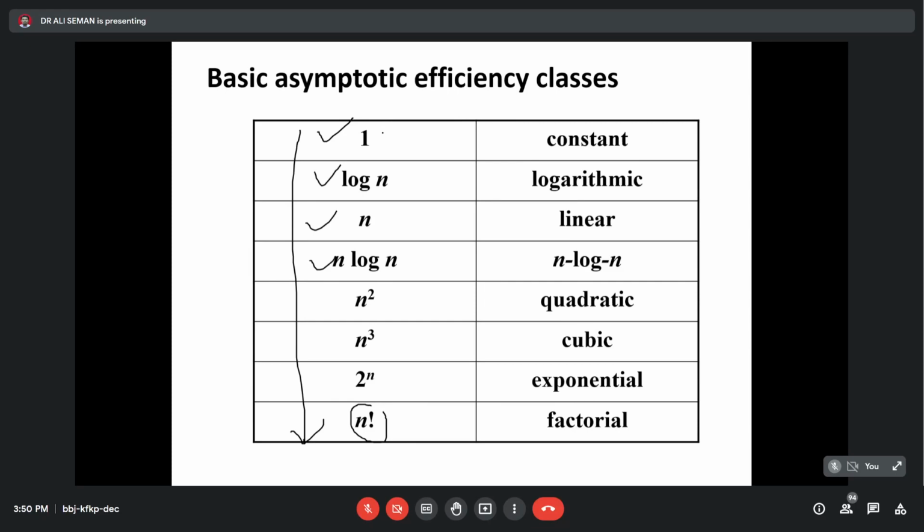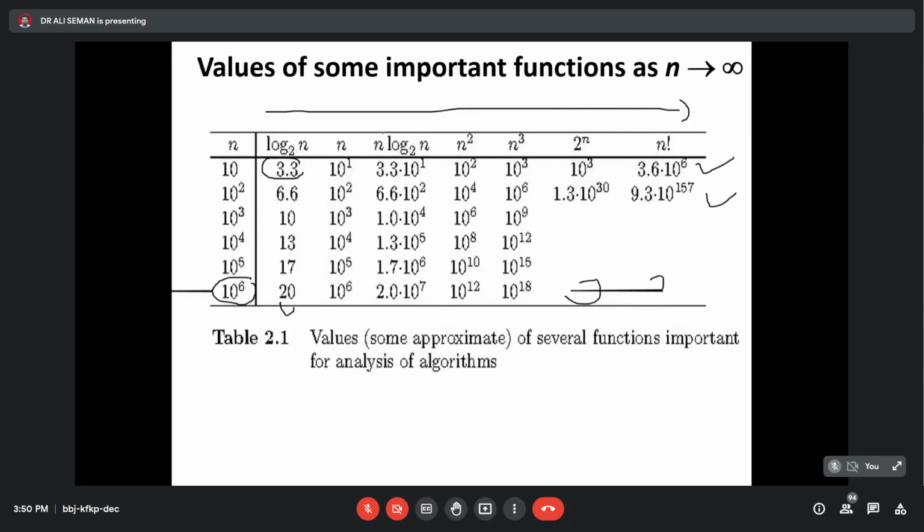Any other question? So like this, katakan n ni equal to 10 input size. Let's say we consider this as 3.3 milliseconds for each. So this only 3.3 milliseconds. Kalau n, 10 milliseconds, mean 10 input, 10 milliseconds.